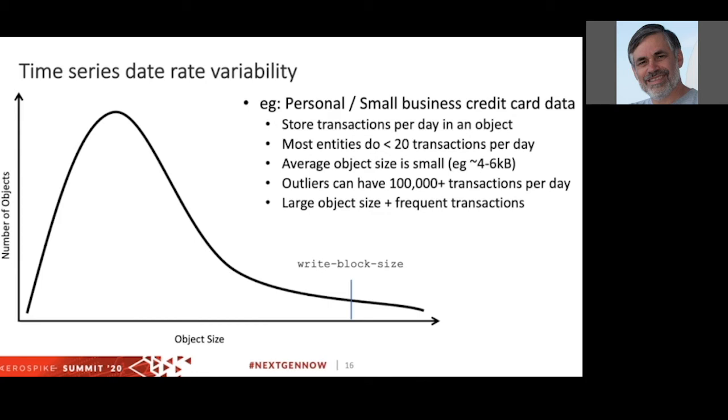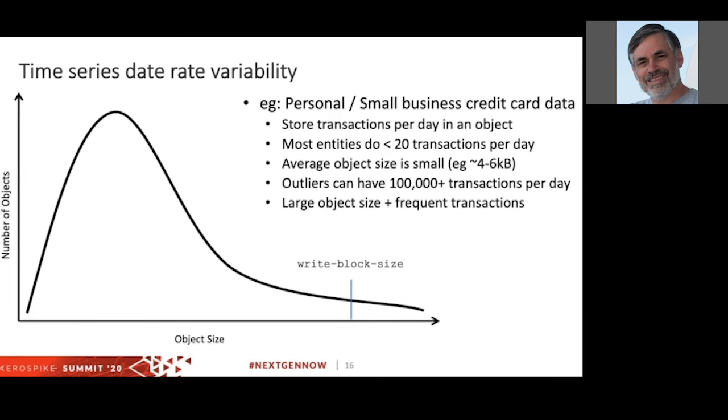In that case, you end up potentially having a large object size. And what do we do here? You don't want to size the block size to cover every possible number of transactions, any possible record size here.